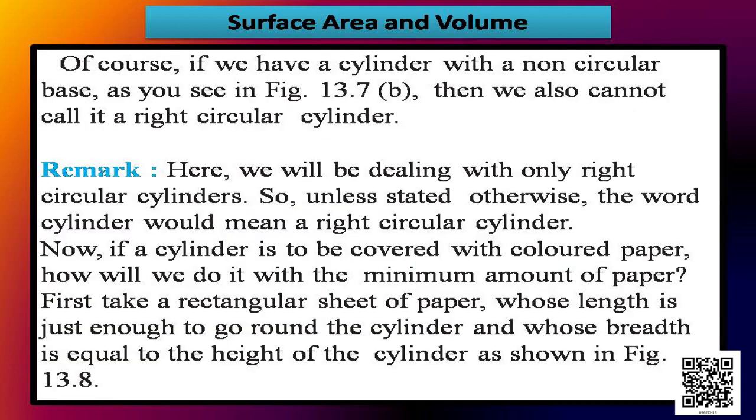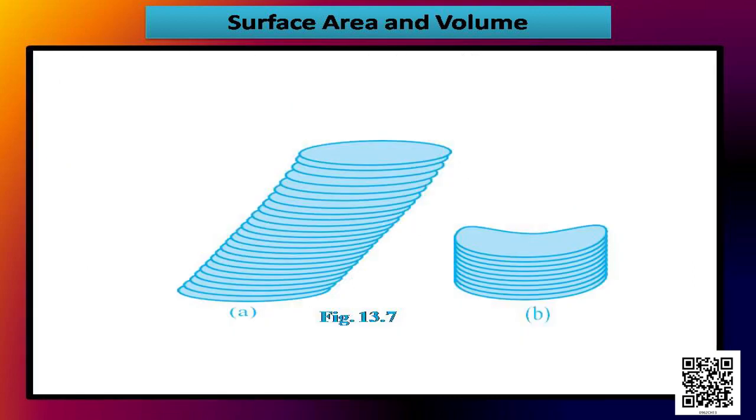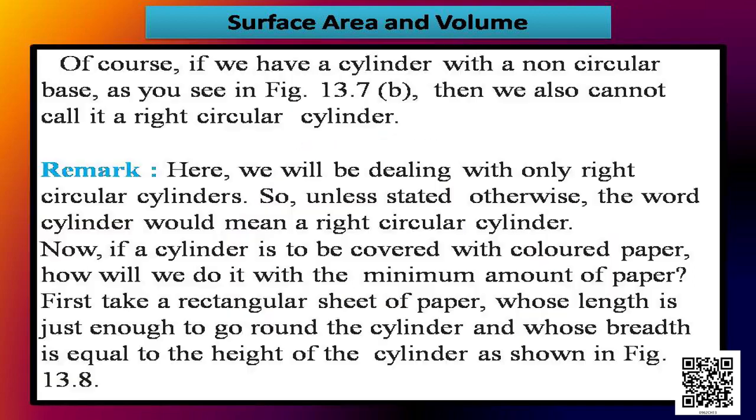Of course, if we have a cylinder with a non-circular base, as you see in figure 13.7b, then we also cannot call it a right circular cylinder. So here we will be dealing with only right circular cylinders. So unless stated otherwise, the word cylinder would mean a right circular cylinder. That means a base that is circular and it is at a right angle to the base. So cylinder should be at right angle to the base and the base is circular.